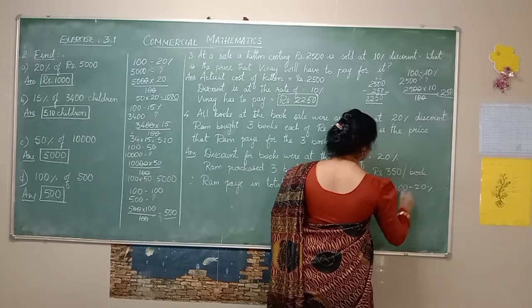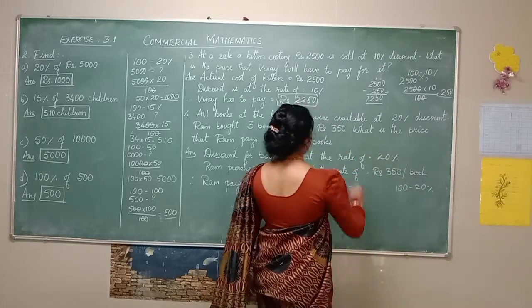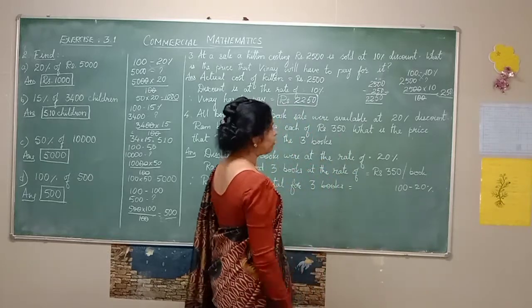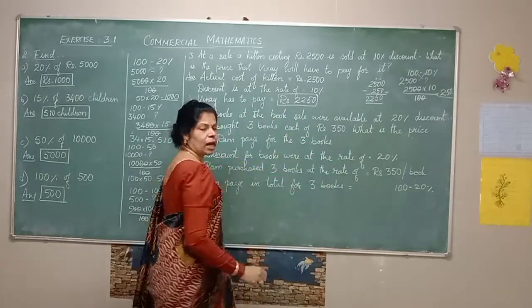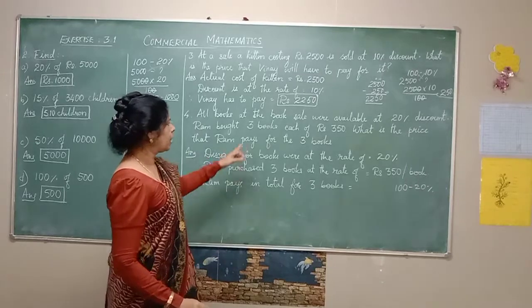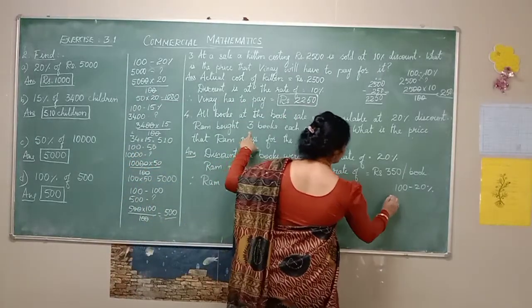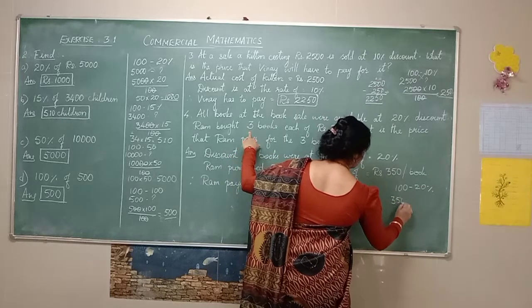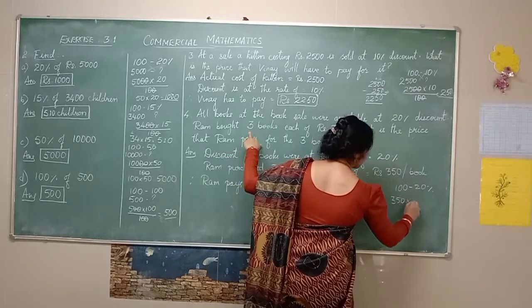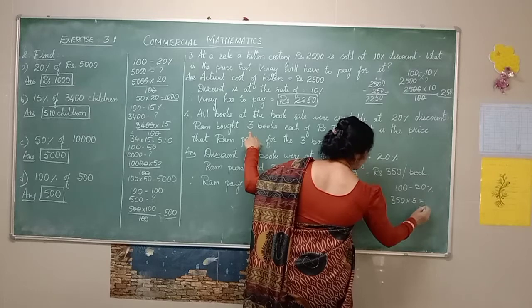But before that, what you have to do, you have to find out the amount what Ram has to pay for the book, because he has purchased 3 books. So the actual rate was how much? 350 rupees per book. He has purchased 3 books.